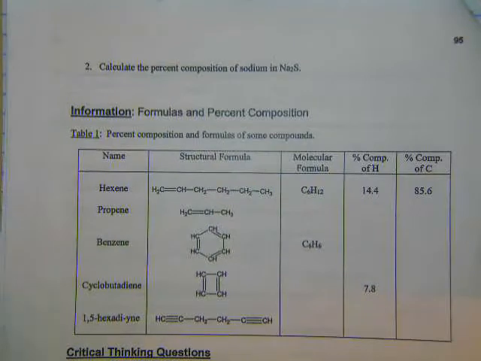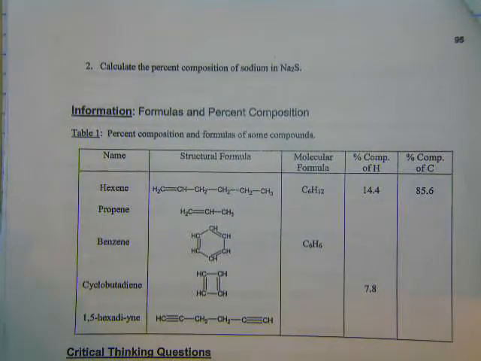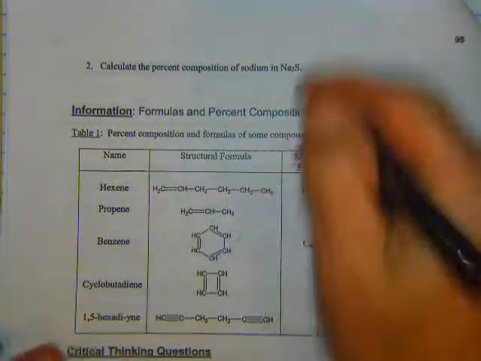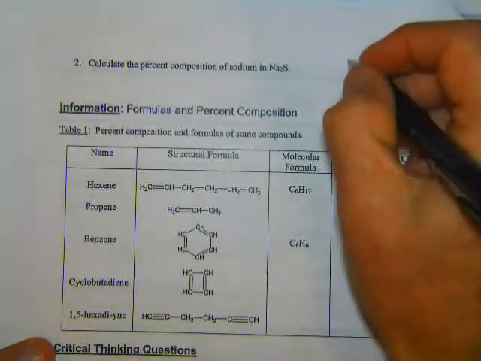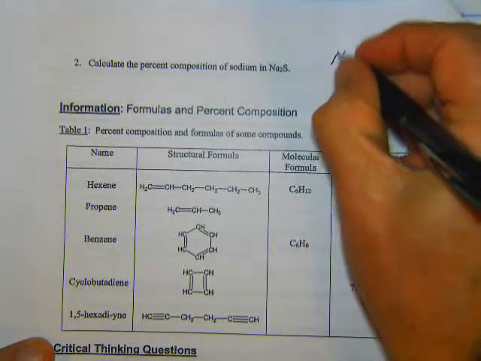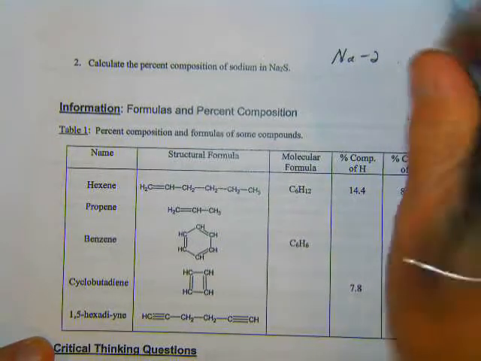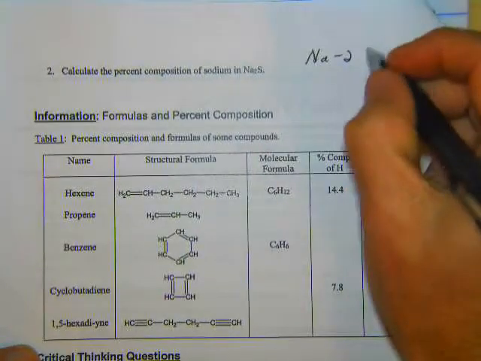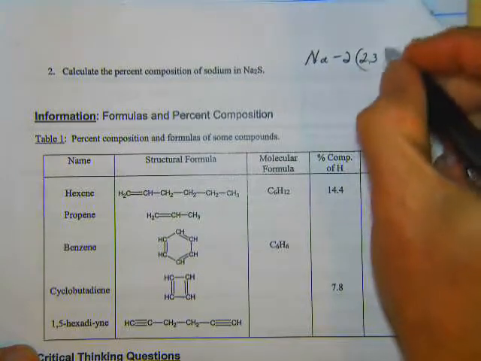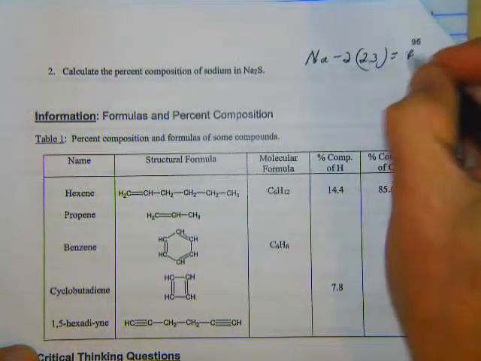All right, let's look at the second page here. Calculate the percent composition for sodium sulfide. For sodium, we have 2, and the atomic mass, which we get from the periodic table, is 23, so that equals 46.